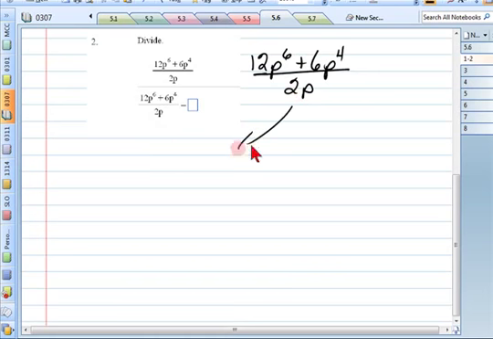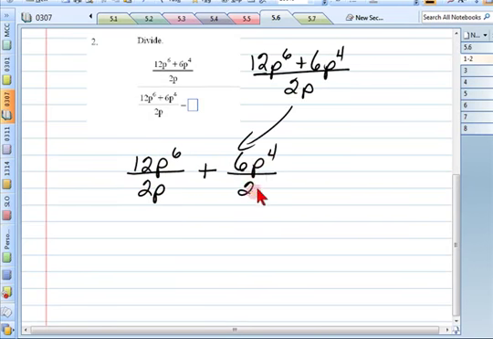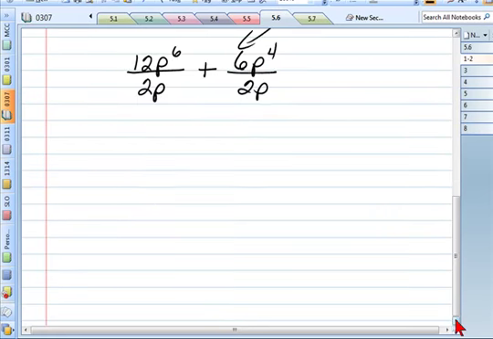This is 12p to the 6th over 2p plus 6p to the 4th over 2p. Then I'm going to use the quotient rule. What is 12 divided by 2? 6. P to the 5th plus 6 divided by 2 is 3. P to the 4th over p is p to the 3rd. Done.